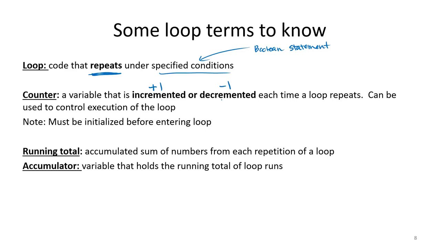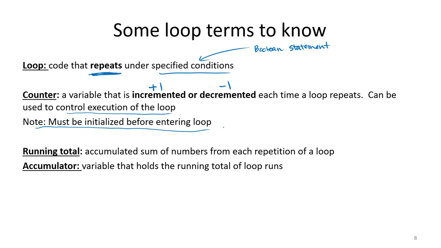Sometimes we also use it to control the loop's execution, and sometimes to help with a calculation. And notice this note here, we need to initialize our counter variables before entering our loop. So generally you want to make sure you initialize them to 0 or whatever initial value they need to be at so that when we do math and we increment them, we won't run into errors.